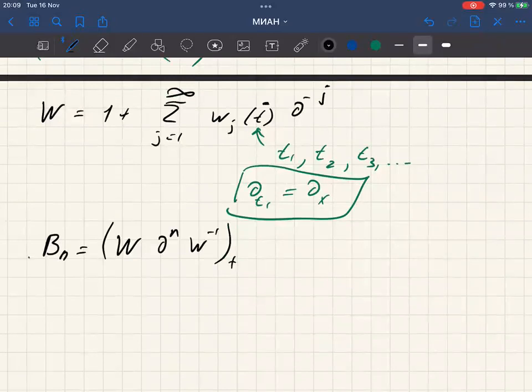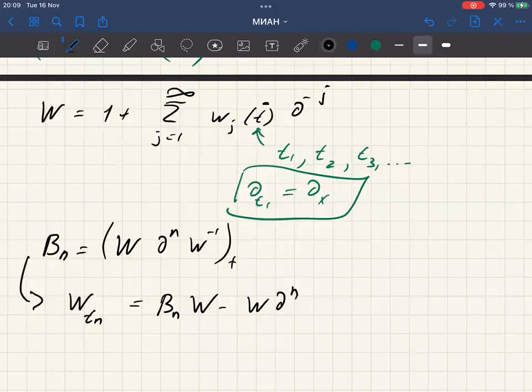And the equation which determines the dependence of this V_j on t is the following one: the derivative by tn equals Bn V minus V d^n.